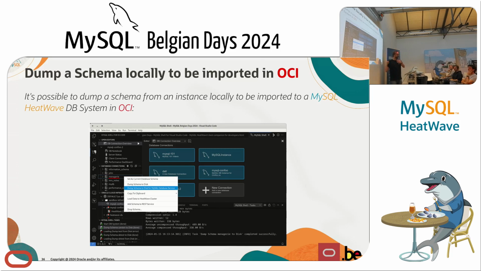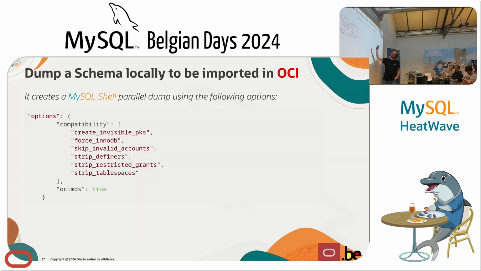For example, do I have a primary key? And you can add it. Or what are the privileges of the people if I want to dump a full instance and stuff like that. So all that is checked there and it's loaded. And this is what it will add. It will add create invisible primary key. It will force InnoDB. So if you are dumping a table that is not in InnoDB, when it goes to OCI, it has to be in InnoDB.